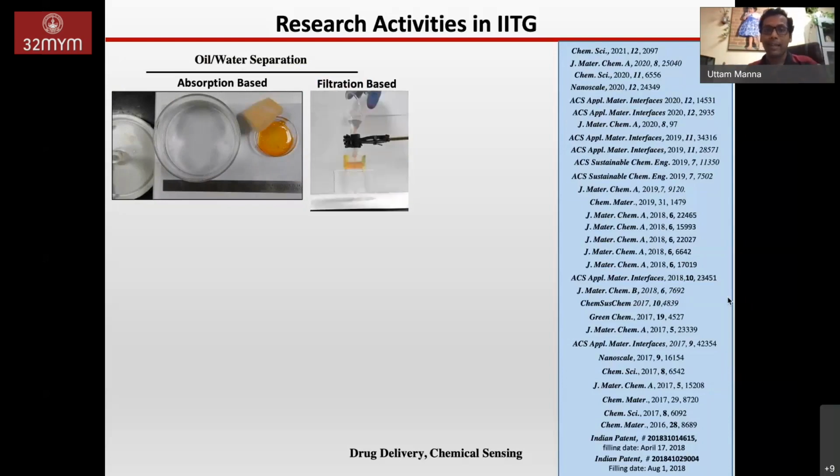You can simply make a membrane where you associate either under-oil superhydrophobicity or superoleophobicity, and put them strategically at the two sides of an open tube. You can pour this oil water mixture and simultaneously separate and collect them in two different beakers. You don't need any external intervention there.